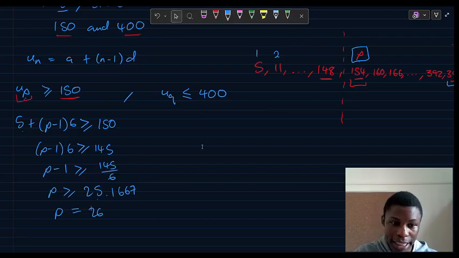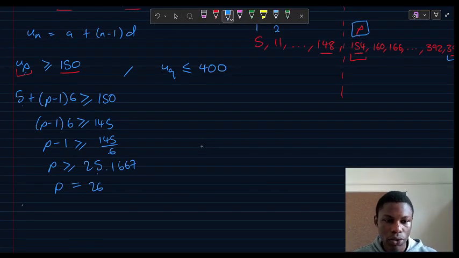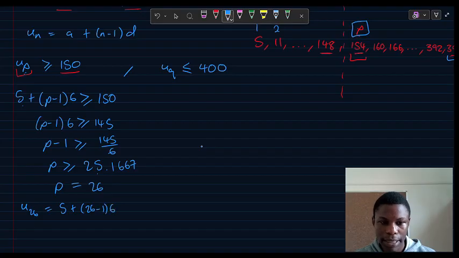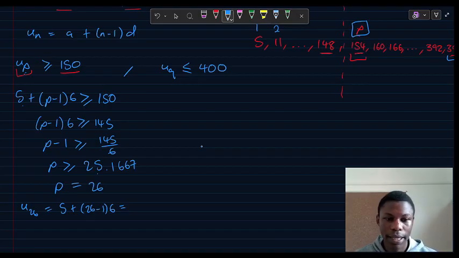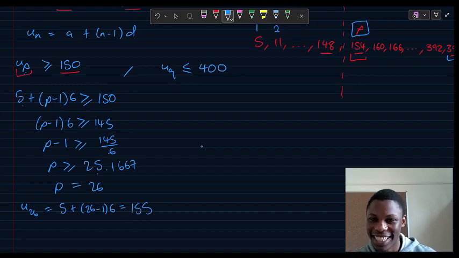And we can double check this. If we are to do U26, that's going to be a plus n minus 1, 26 minus 1, d. So that's 5 plus 25 times 6. That gives us 155. And so now what you actually notice is we're pretty close with our guess. The first term here is going to be 155. That's the first term that's over 150.